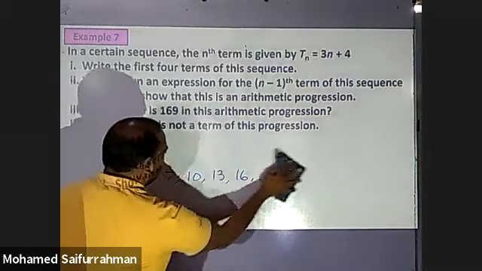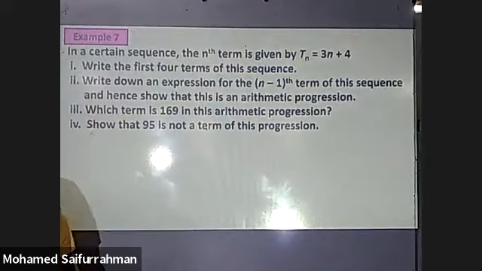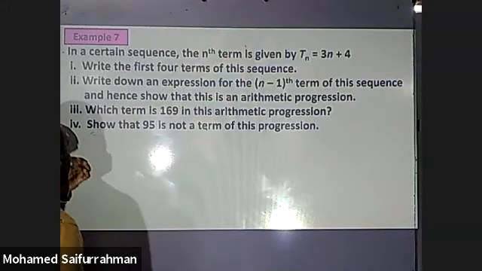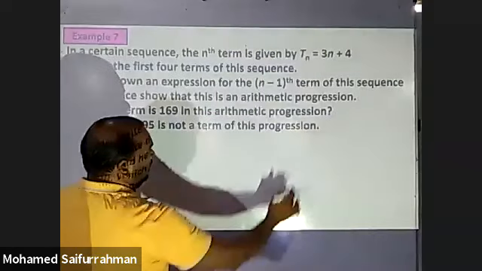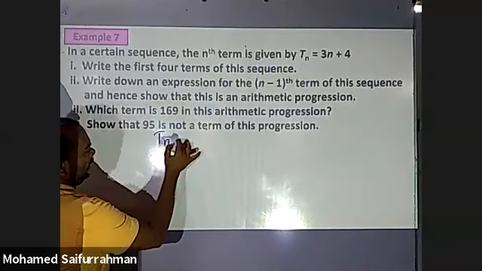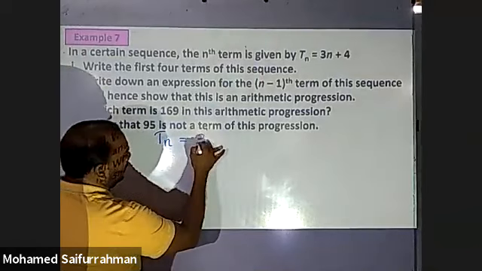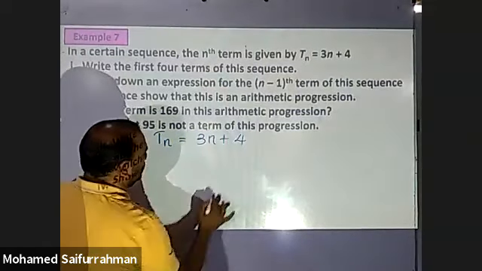Second part, write down an expression for the n minus 1th term. The nth term is 3n plus 4.